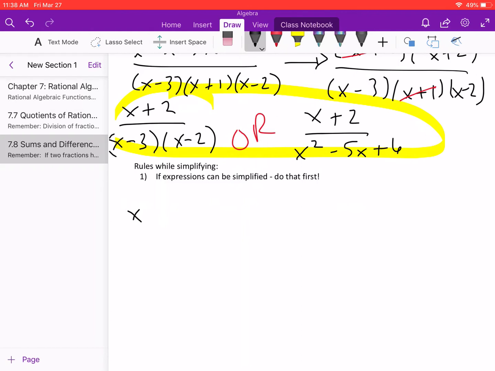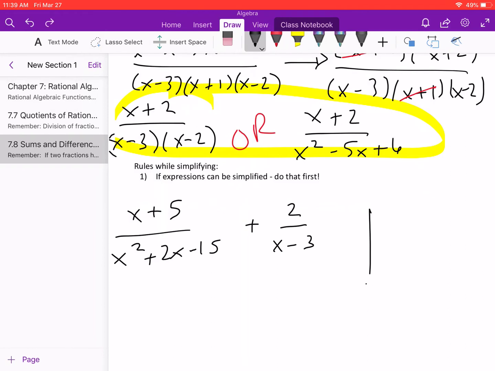For example, if I have (x plus 5) all over (x squared plus 2x minus 15) plus 2 all over (x minus 3). The first thing I can do is factor.